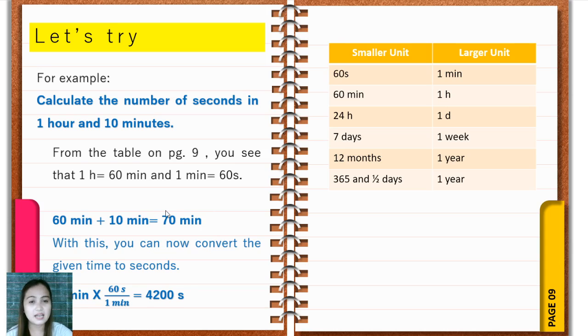Is it seconds? No. So we will find again the seconds. With this, you can now convert the given time to seconds. So, 70 minutes multiplied by, okay, in 1 minute, how many seconds? 60 seconds. 1 minute is equal to 60 seconds.